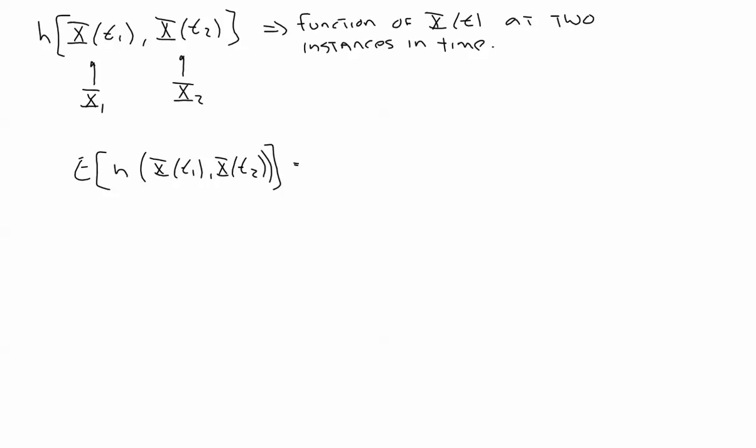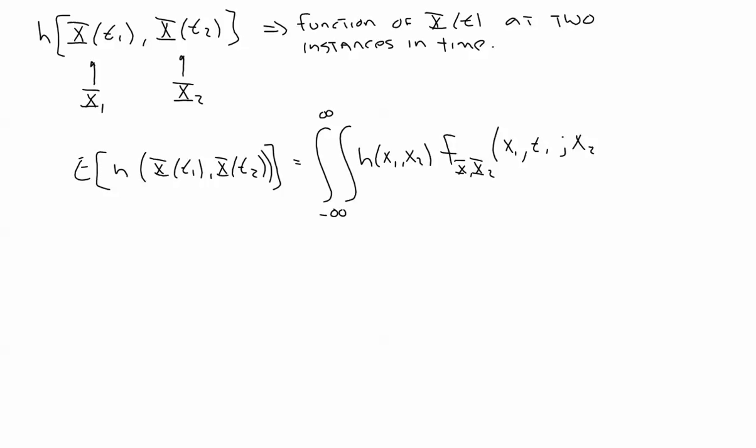By direct analogy to the joint random variable result on the previous page, we have the double integral from minus infinity to plus infinity of h(x1, x2) times my second order PDF. That's what that is. All right.